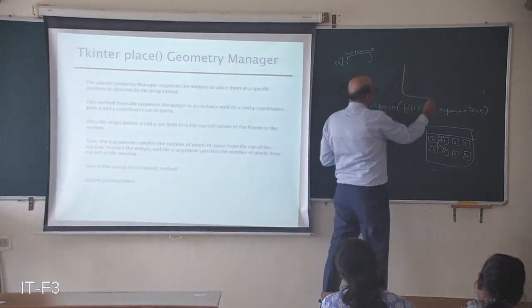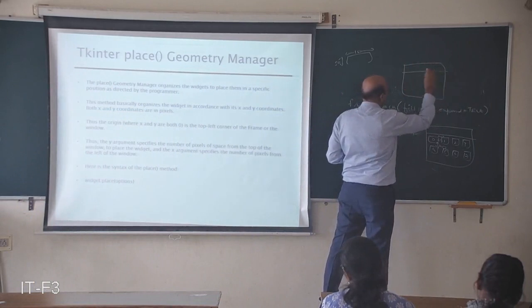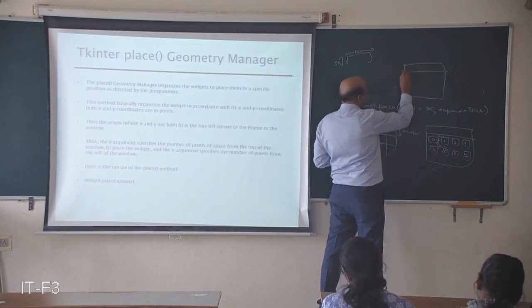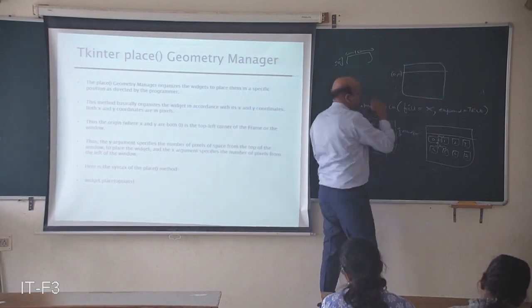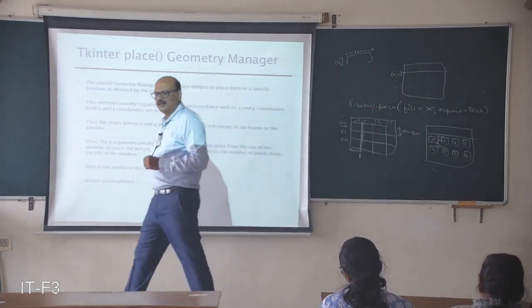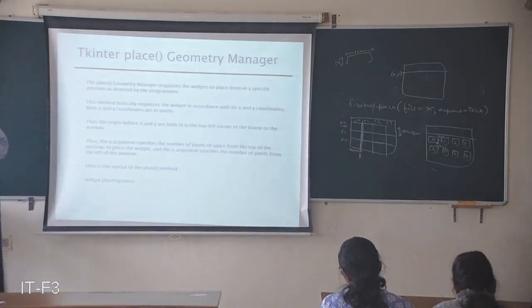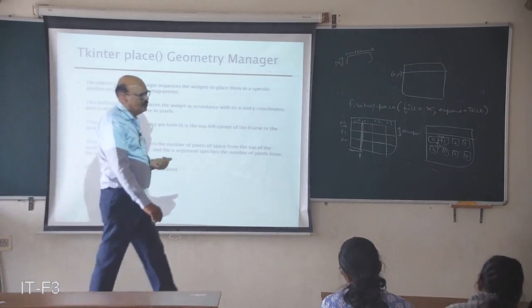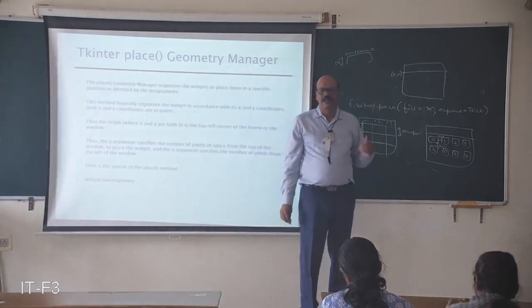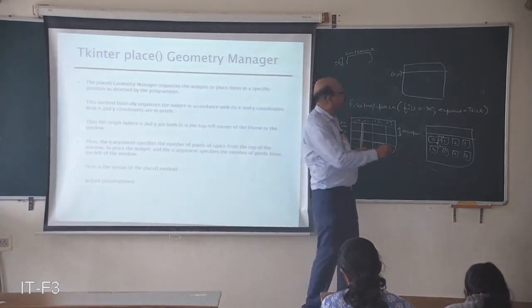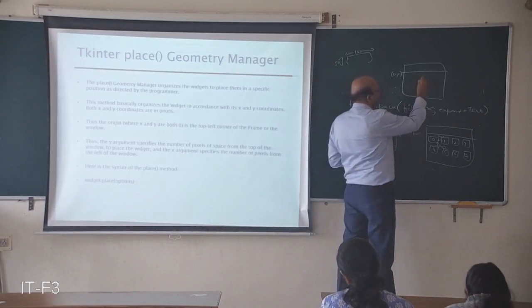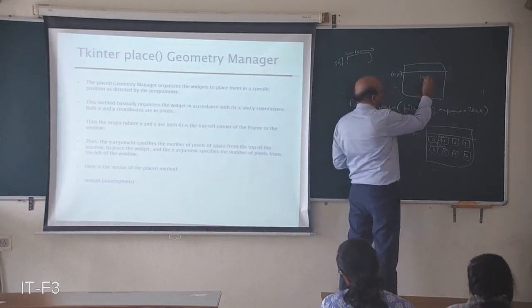Now for example, if this is your top level window, this coordinate is referred to as 0, 0. The top left usable space coordinate is referred to as 0, 0. Now I'll create a button and I want to precisely place it at a particular coordinate. Say I want to place this at the 100, 100 coordinate.